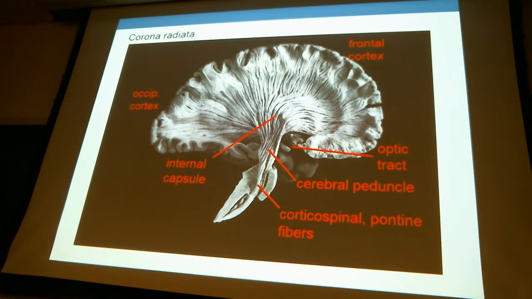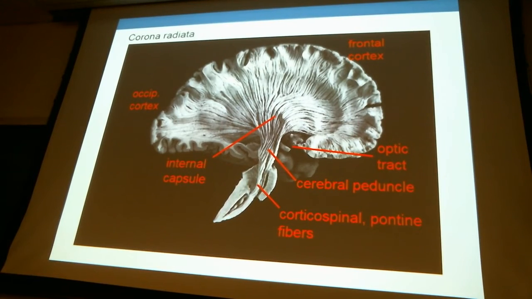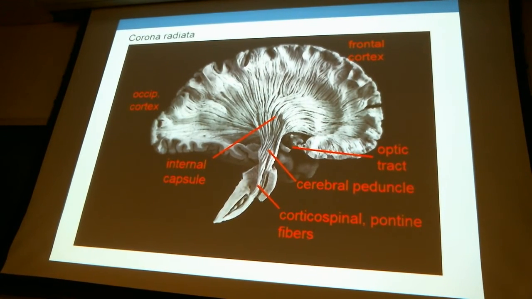So these are all the fibers of the internal capsule. So this little flat bit here is the internal capsule that's cutting through the basal ganglia. And what we're looking at here is just imagine that you've sort of transected the brain, okay, and you're looking from the medial direction, and you've taken out the thalamus.